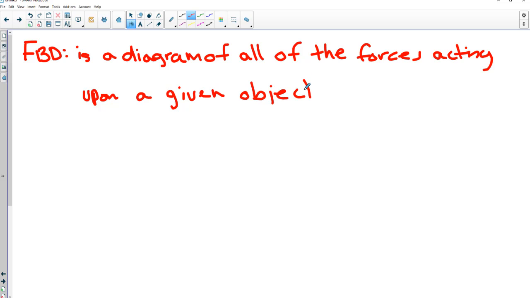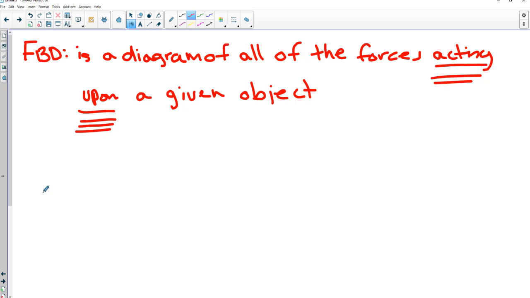So in other words, we want to know all of the things that are happening to that object. Not what that object is doing to other things, but what is happening to that object.